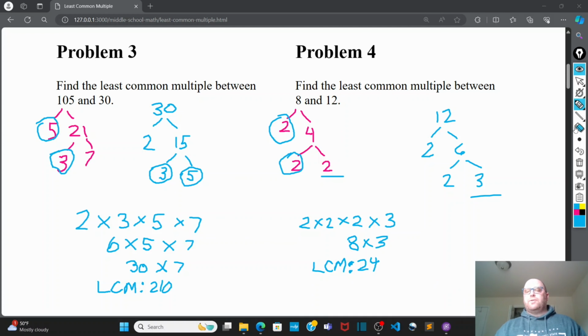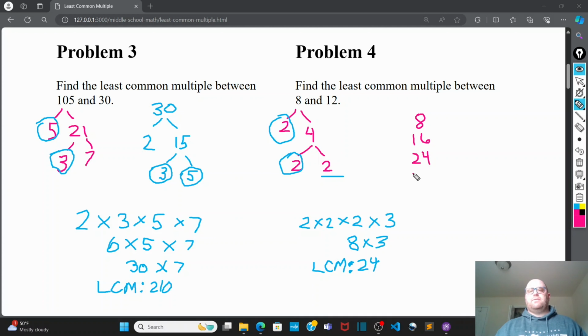We could also, of course, list out the multiples. So let's do that. So multiples of 8 are 8, 16, 24. And you might see that 2 times 12 is 24, and you just stop here.